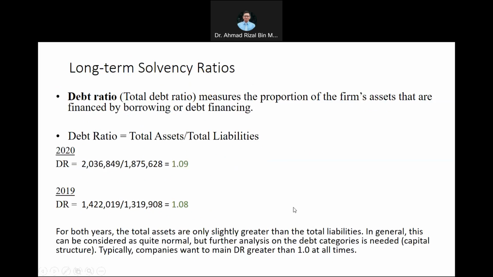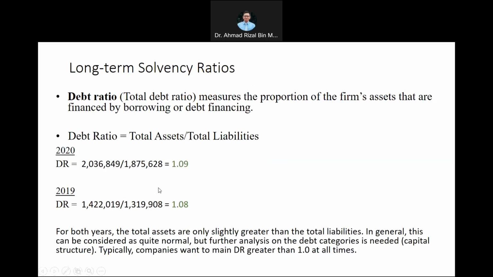Now going to long-term solvency ratios, okay, we start off with the debt ratio, sometimes called the total debt ratio, which is simply total assets divided by total liabilities. Okay. So you look at your assets versus liabilities in total at the moment.